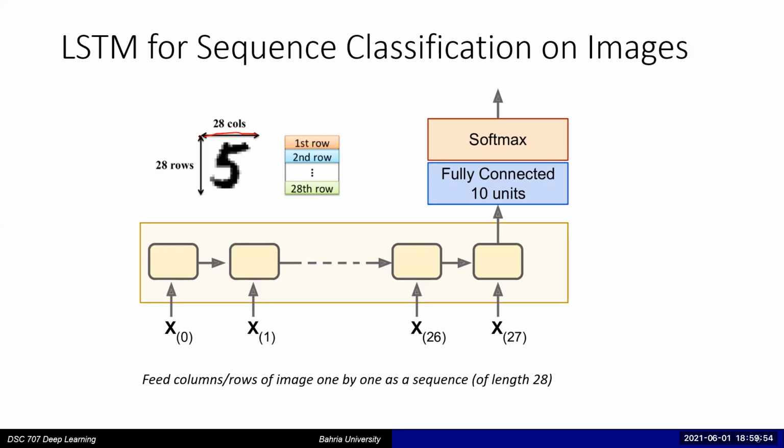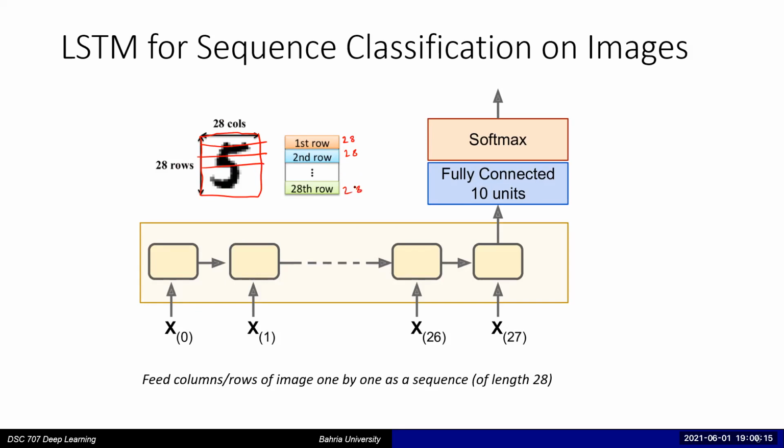From day one, we have been talking about this MNIST dataset, digits of 28 by 28. So you see, I can look at this image row by row. This is my first row, second row, third row, and every row has 28 values, because there are 28 columns.